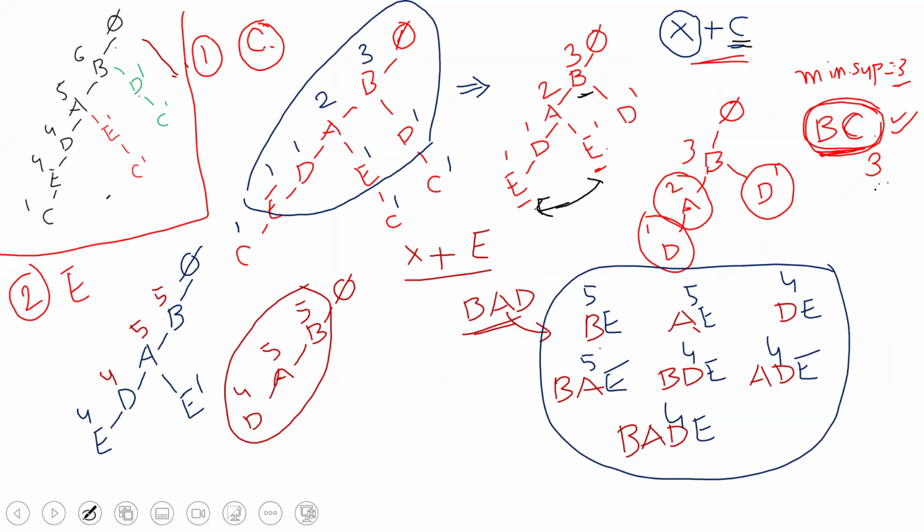The second one is projecting onto E. When we project the values onto E, you have to take only the counts of E and ignore the E's. And BAD we have got, so the count of D is 4, A is 5 and B is 5, right? When you get the straight line, you take all those values when they all have support greater than minimum support, they are all frequent.